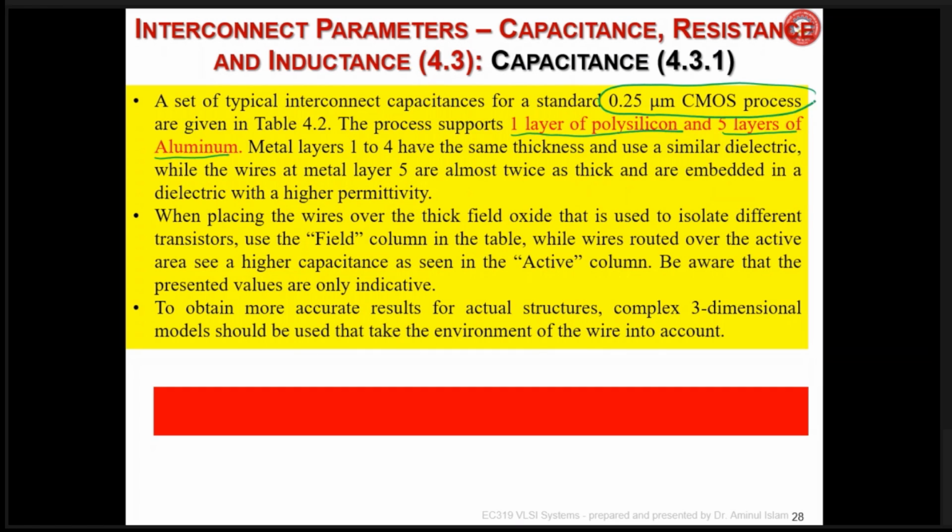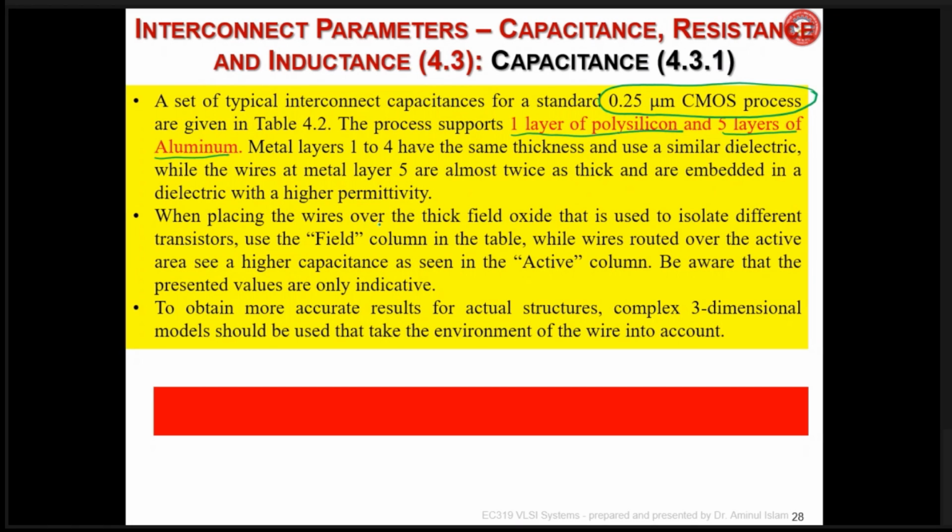I was telling that today maybe 10 metal layers also, but not this process. This process is having only 5 metal layers and 1 poly. Sometime later we'll be doing the layout. In that you will have 2 poly, and the technology generation is different.